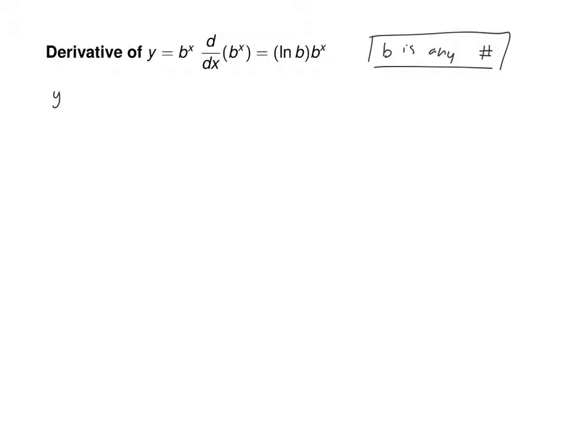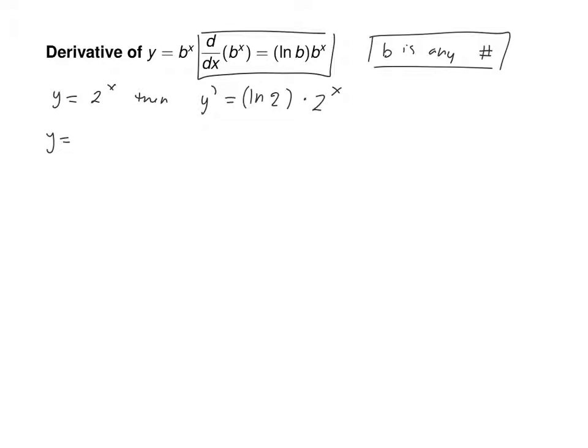So if you had y equals 2 to the x, according to this formula, what would y prime be? It says the derivative of b to the x is ln b times b to the x, right? In this example that I just wrote down, what is b? 2. So that will be ln of 2 times 2 to the x, okay?